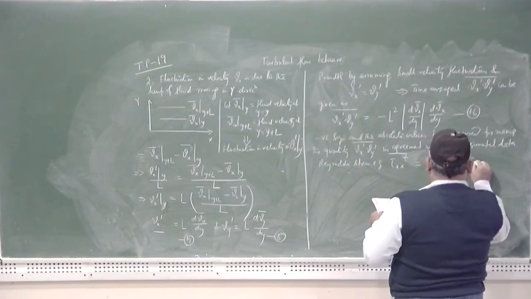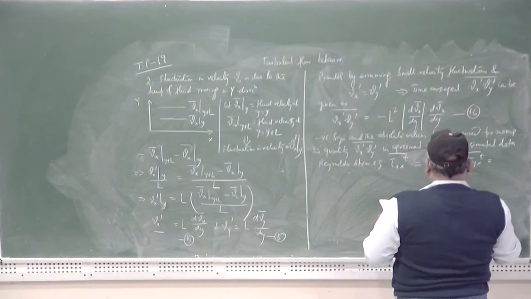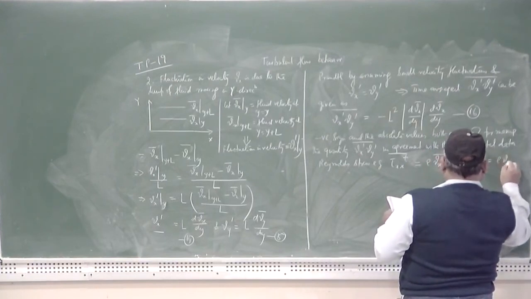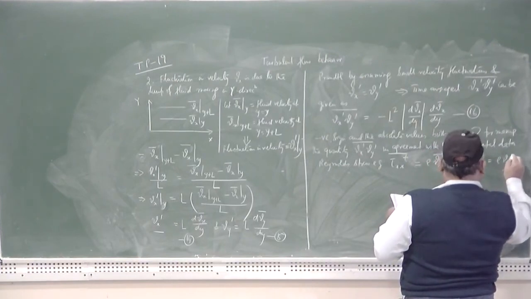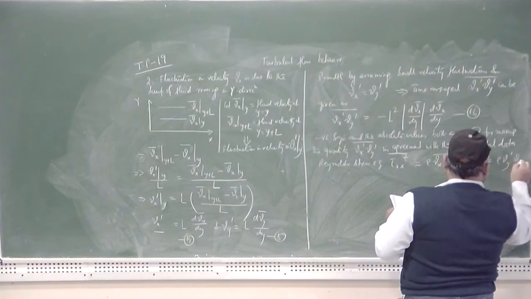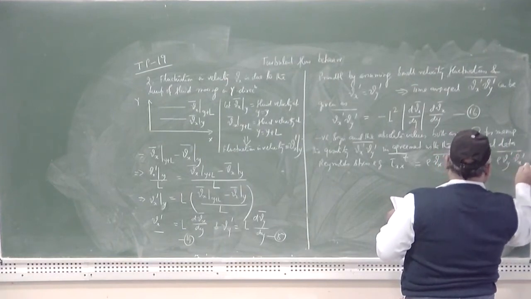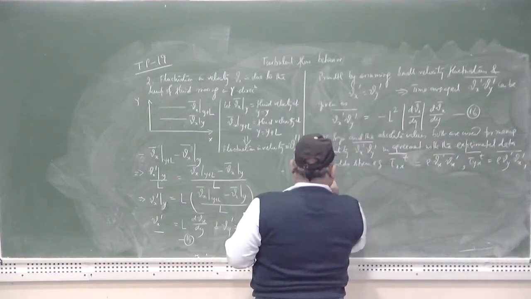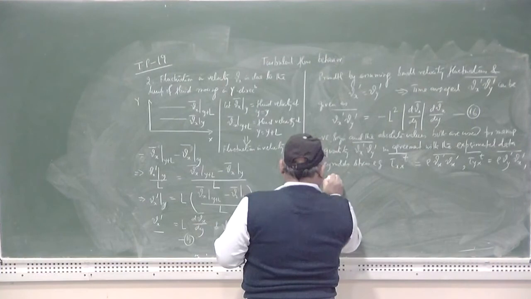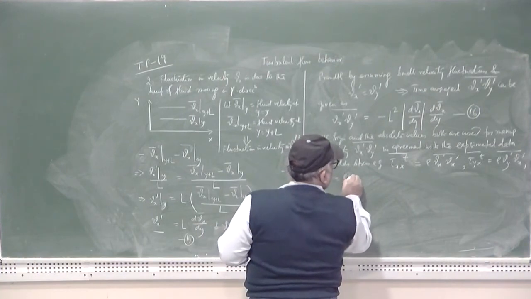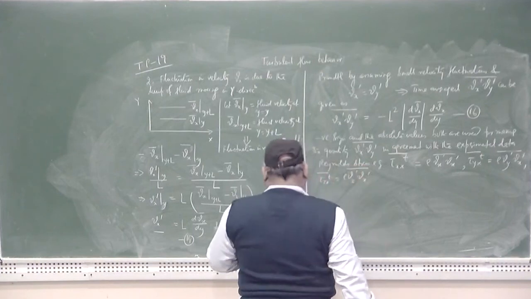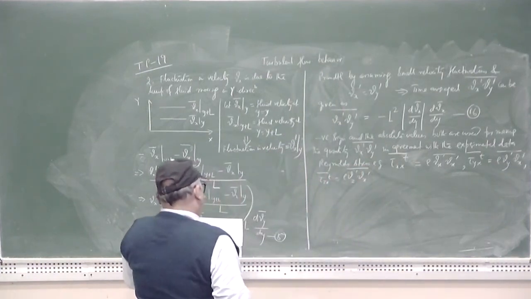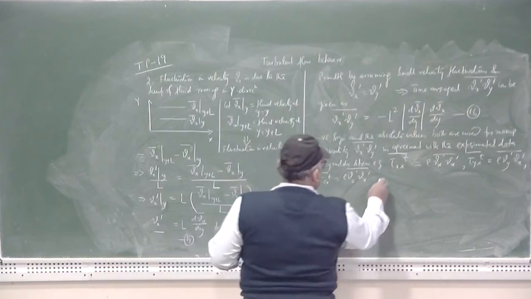Similarly, the tau yx turbulent Reynolds stress is equal to rho Vy prime Vx prime, this average, and tau zx in turbulent condition will be equal to rho Vz dash Vx dash, its average value. Let it be equation number 17.